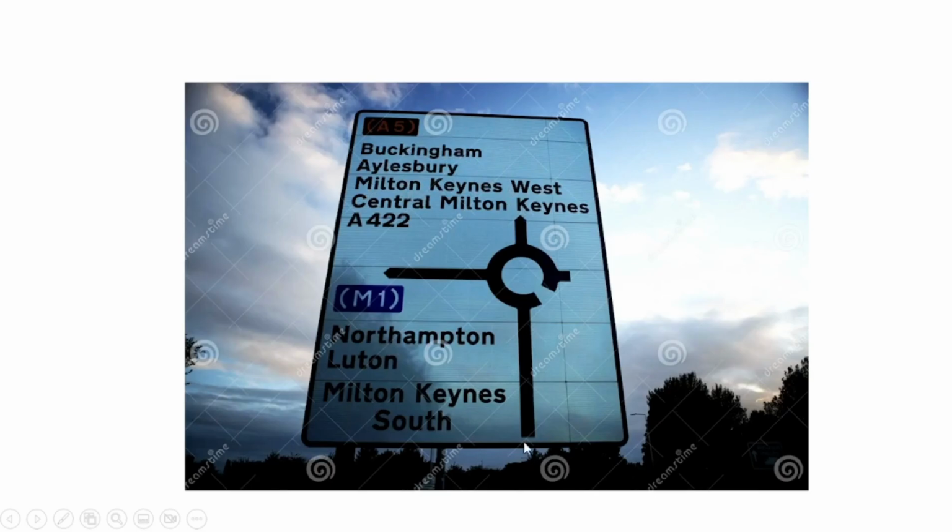For instance, if I'm going to Buckingham or Milton Keynes West, when I enter the roundabout, I'll be on the left lane because I'm going to the 12 o'clock area of this roundabout. Okay, so I'm going to be on the left hand side of my lane to enter the roundabout. So I'm going to move left on the roundabout and exit through those points to these cities right here.